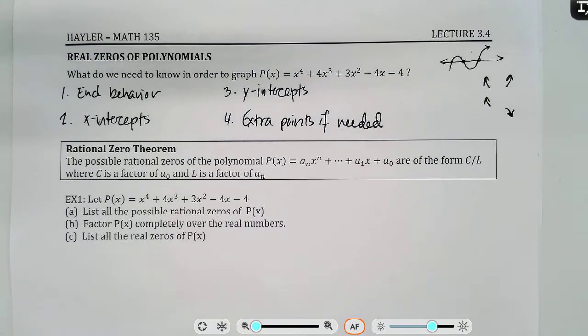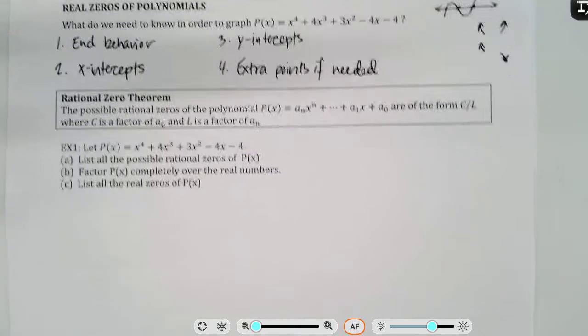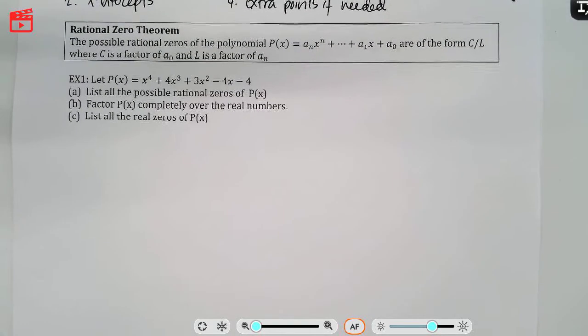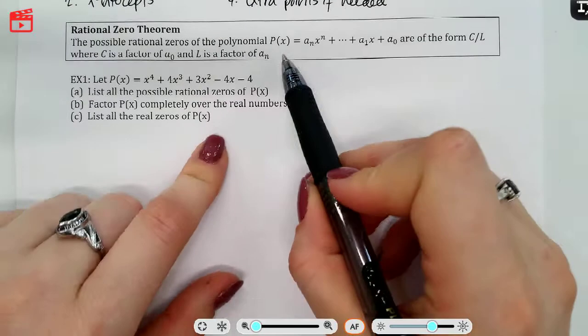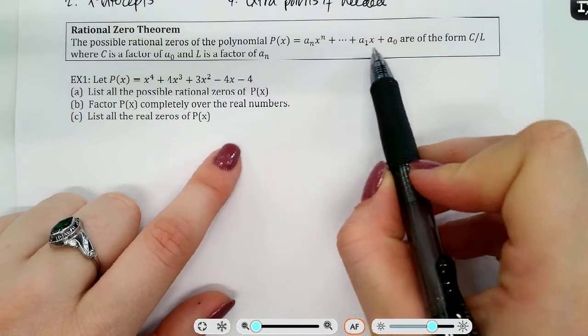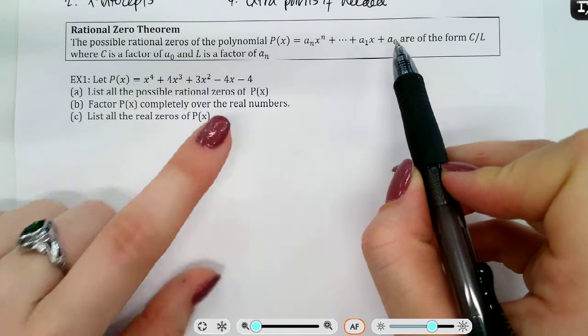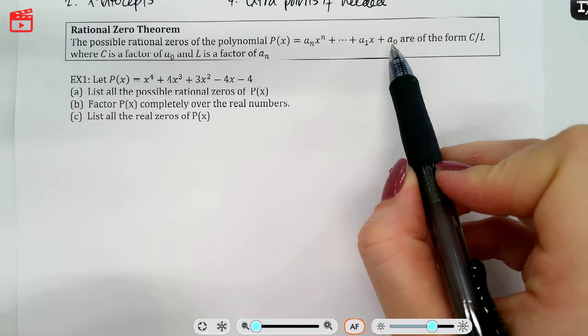All right, so let's take a look at the rational zero theorem. The possible rational zeros, so this is talking about rational numbers, numbers like 2, a half, a third, nothing like the square root of pi. So the rational zeros of the polynomial, generic form, we know the possible zeros.